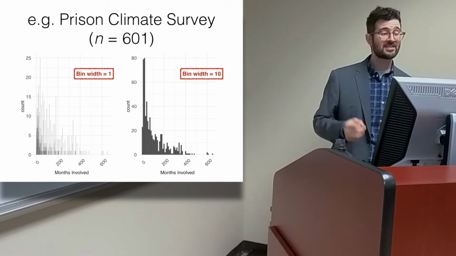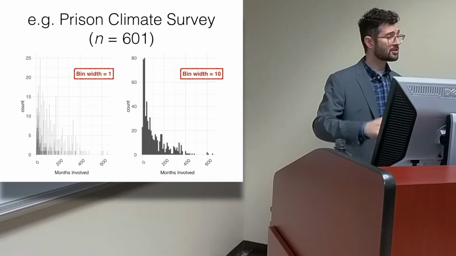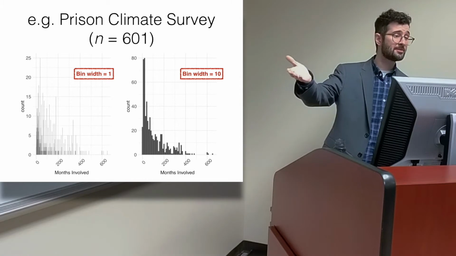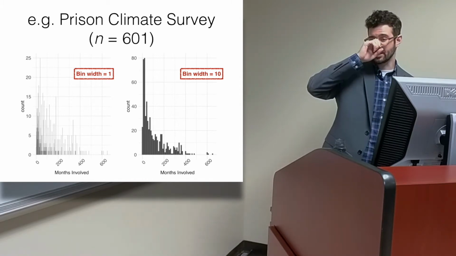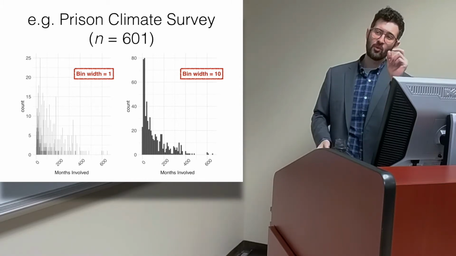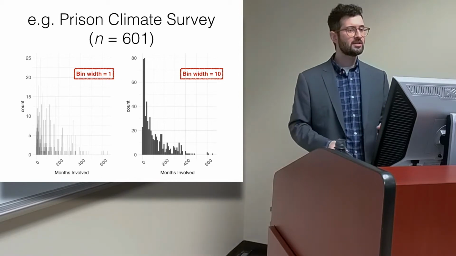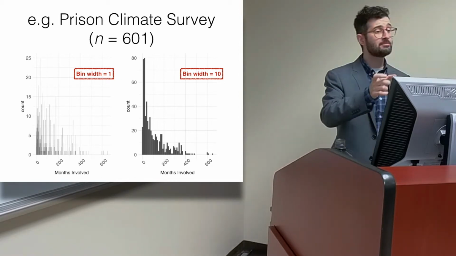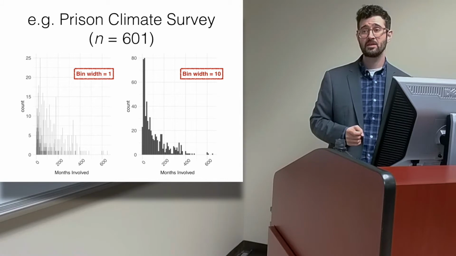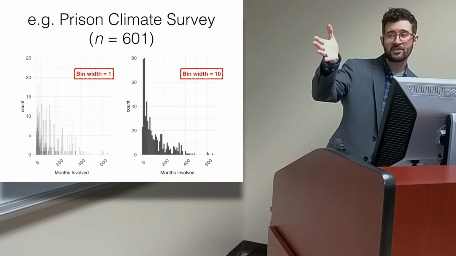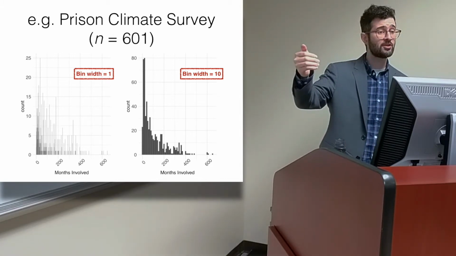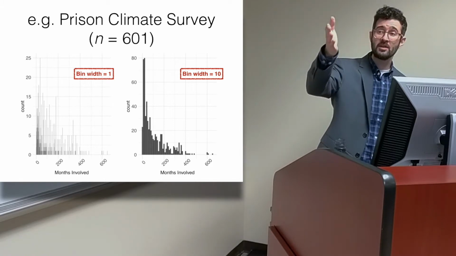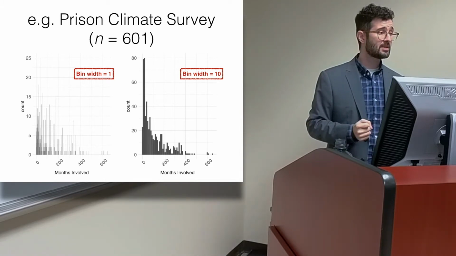Another way of representing the same information is to increase the bin width to, say, 10 months. So in this second histogram, the width of these bars represents a 10-month interval. Looking at it this way, we get a similar picture to what we saw in the first histogram.